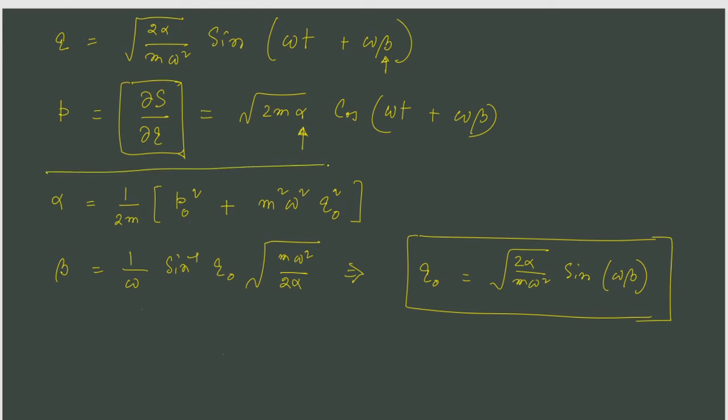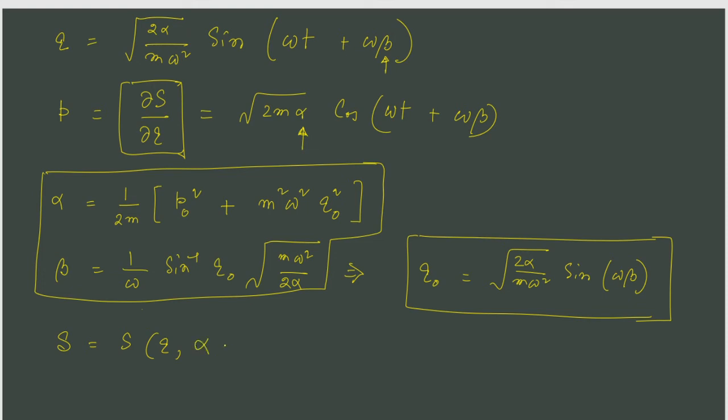What we found is that the two constants, alpha and beta, are connected to the initial condition by these relations. One more interesting point: remember our generating function S. S is a function of q and the new momentum, which is alpha in this case.